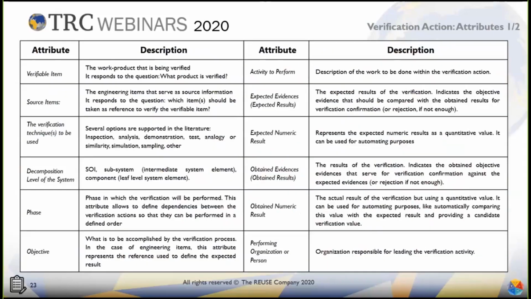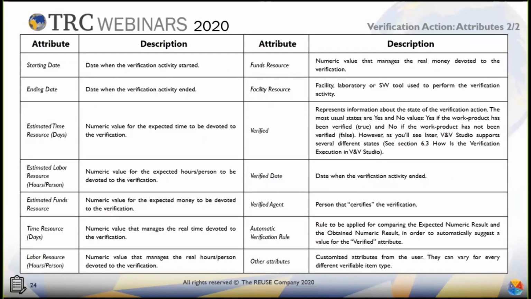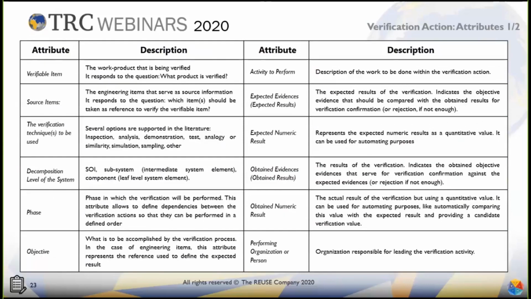So then, what is a verification action? Well, indeed, it must be whatever you need to be able to verify your element. There are many, many different attributes that you can put in the verification action. I have here a table with 20-something, 25, 26. There are some of them that I just want to remark on. The verifiable item, of course, the source item, and the next one, the verification technique, validation technique.